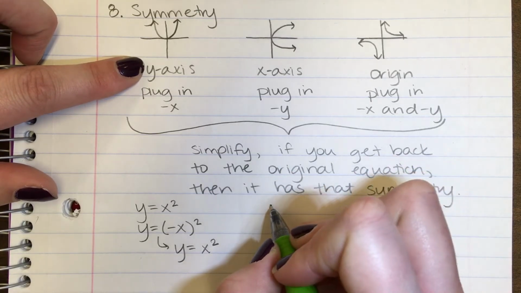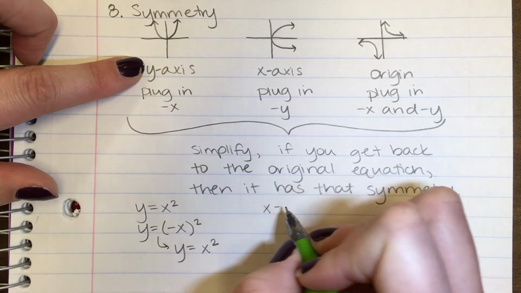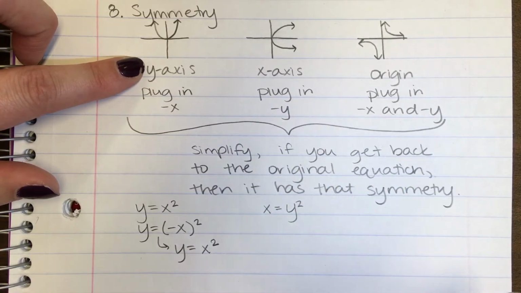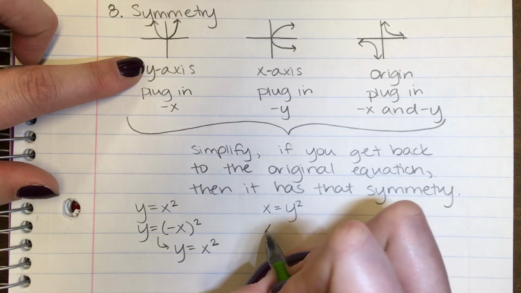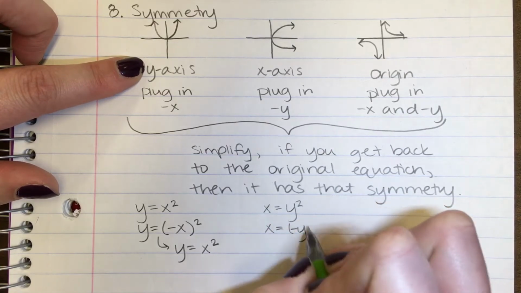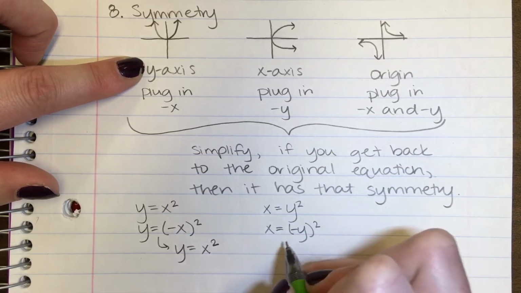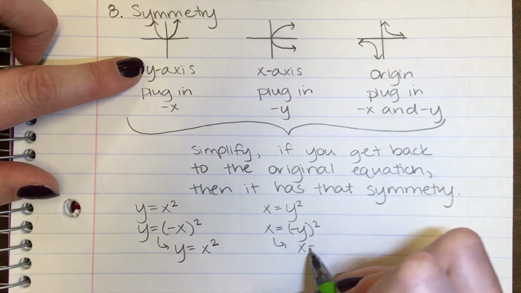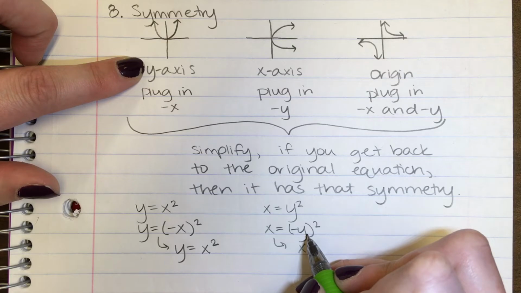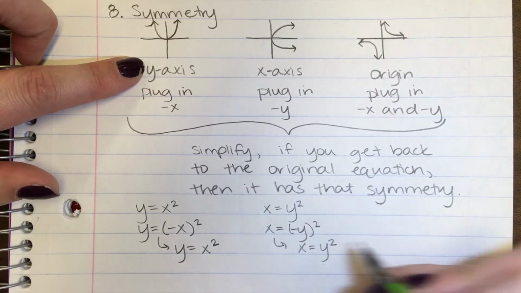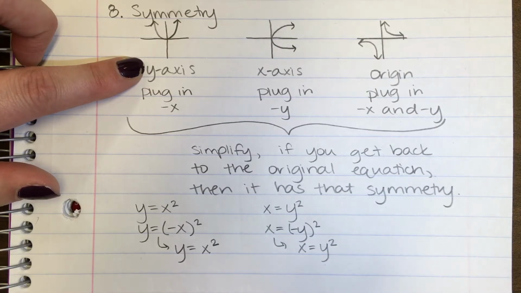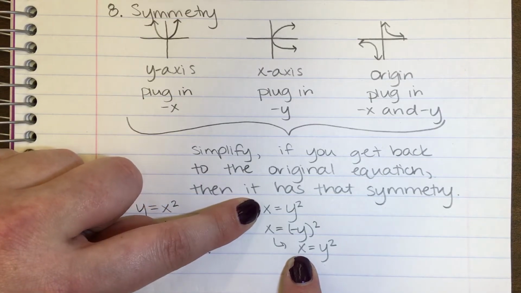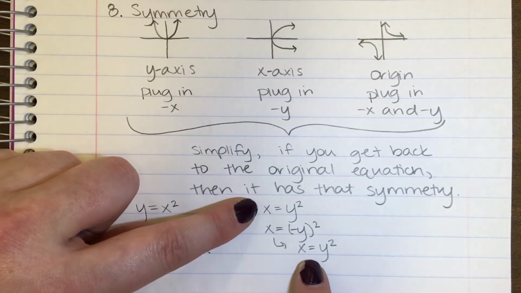If I do the same thing for the next graph, this is a sideways parabola, so it is x equals y squared. So if I plug in negative y, I get x equals negative y squared. And if I simplify that result, I get x equals negative y times negative y, which is positive y squared. So again, my original function and my resulting function, well, these are not functions, but they're the same.